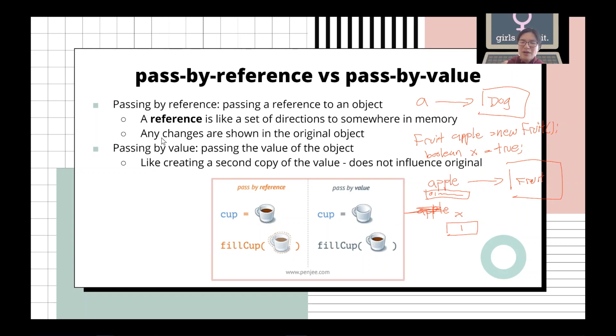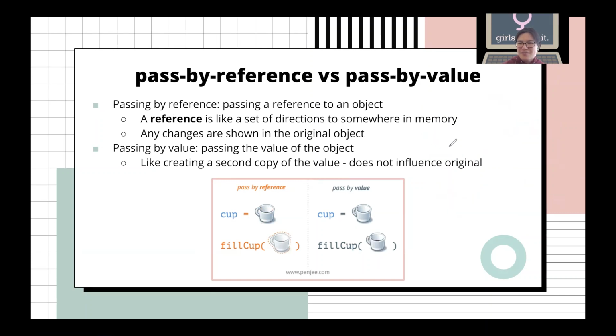On the other hand, when you pass by value, when you pass the data into the method, it will actually make a copy of that value into another place in memory. So you technically won't be affecting the original variable.